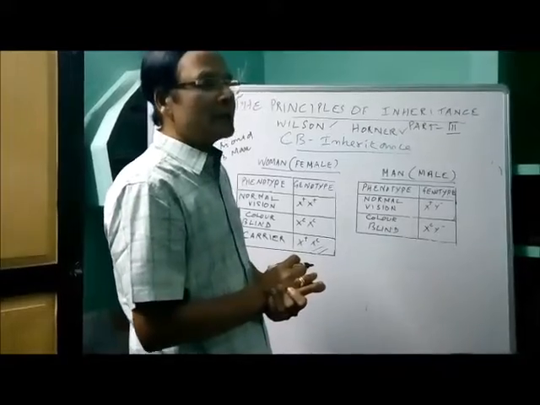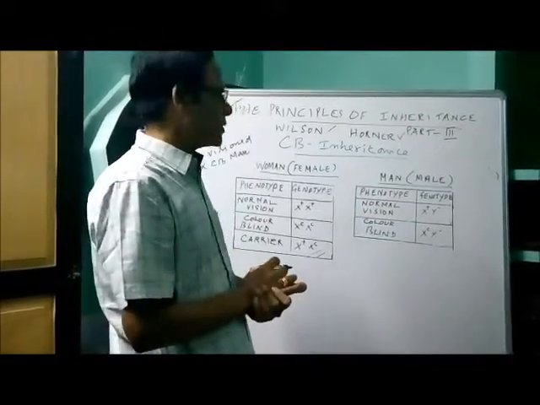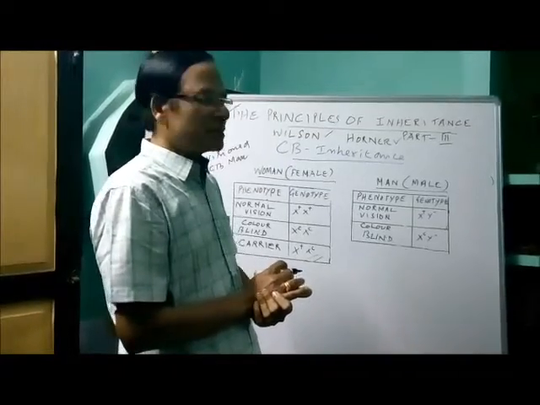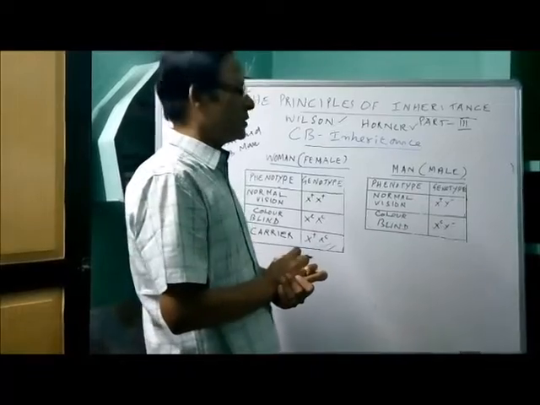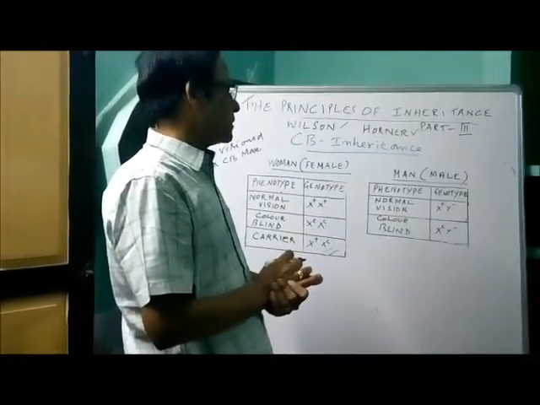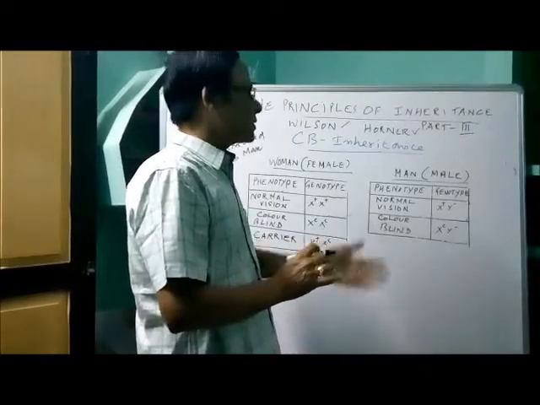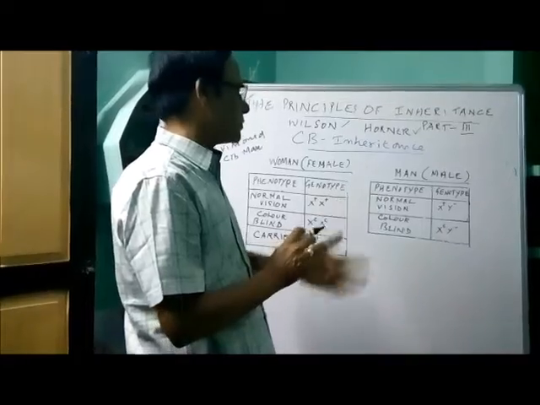Nearly 8% of the male individuals are affected. The reason is that the sex-linked or X-linked recessive character is inherited through X chromosomes, and the males have the genes only on the X chromosome, not on the Y chromosome.